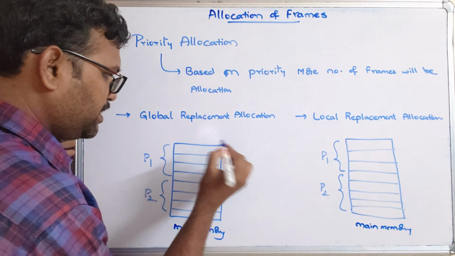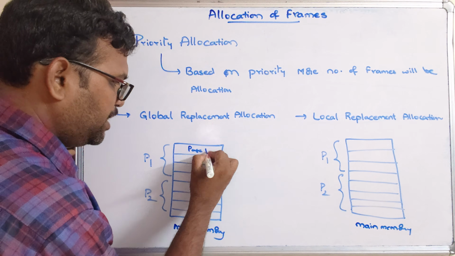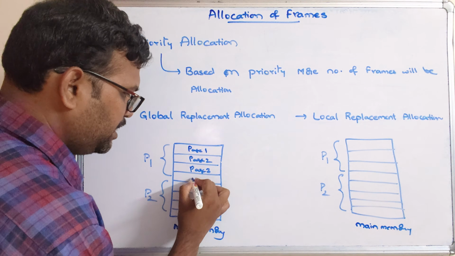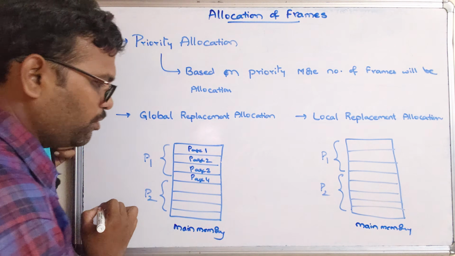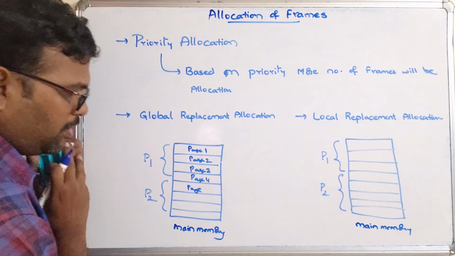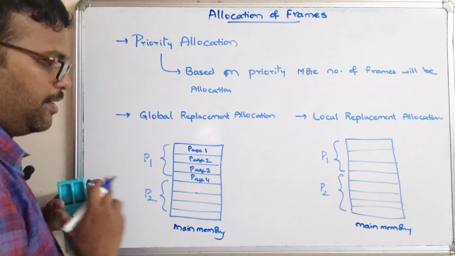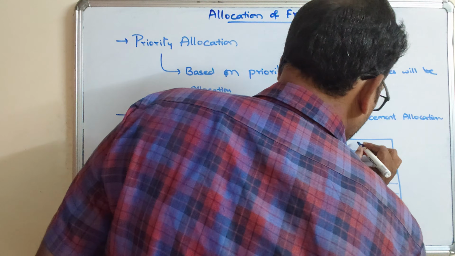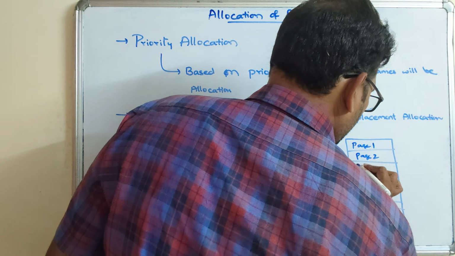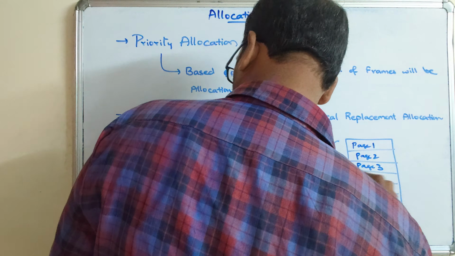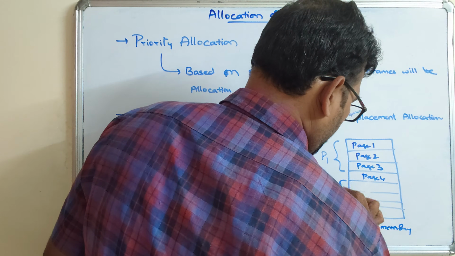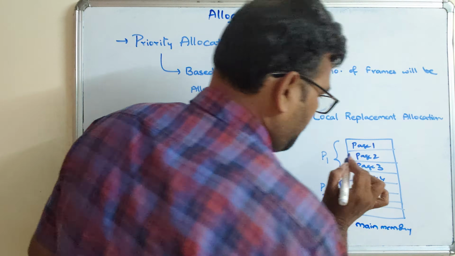So for example, page 1, page 2, page 3, page 4, okay. So here also, let us take page 1, page 2, page 3, page 4, right.